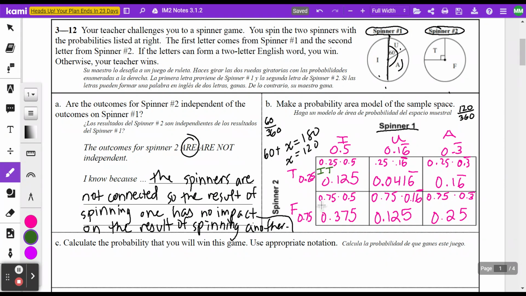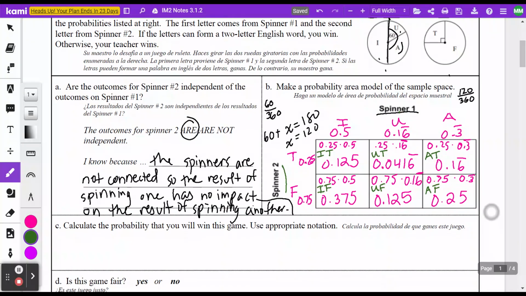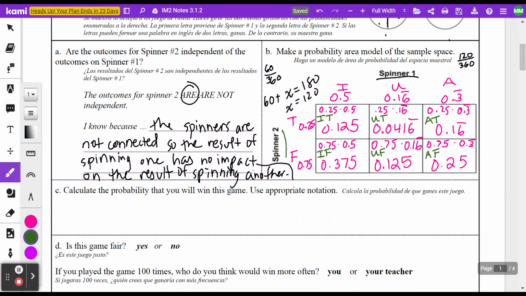Here, spinner 1 is I, and spinner 2 is F. Spinner 1 is U, and then T, U, and then F, A, and then T, A, and then F. I'm making sure to write spinner 1 before spinner 2 because I'm trying to talk about words, and for words, order matters.